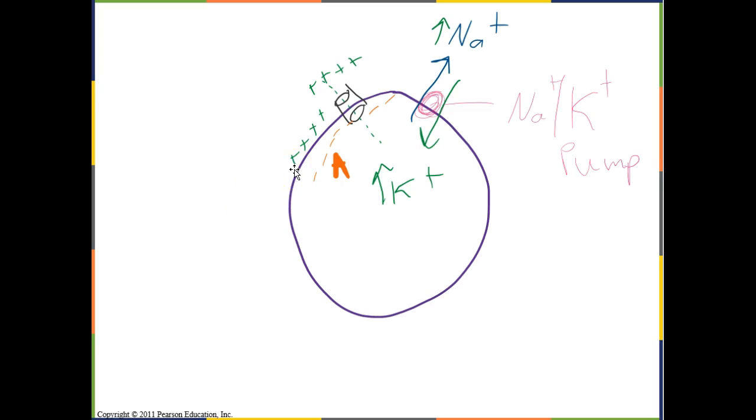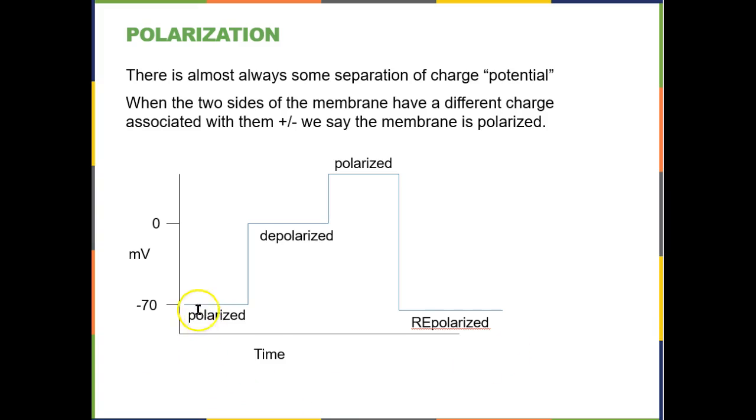So in this state, where you have a potential across the membrane, negative on one side, positive on the other, we say that the membrane is polarized. So anytime there is some sort of separation of charge, a potential, it is polarized. If you move towards zero, that is called depolarization.